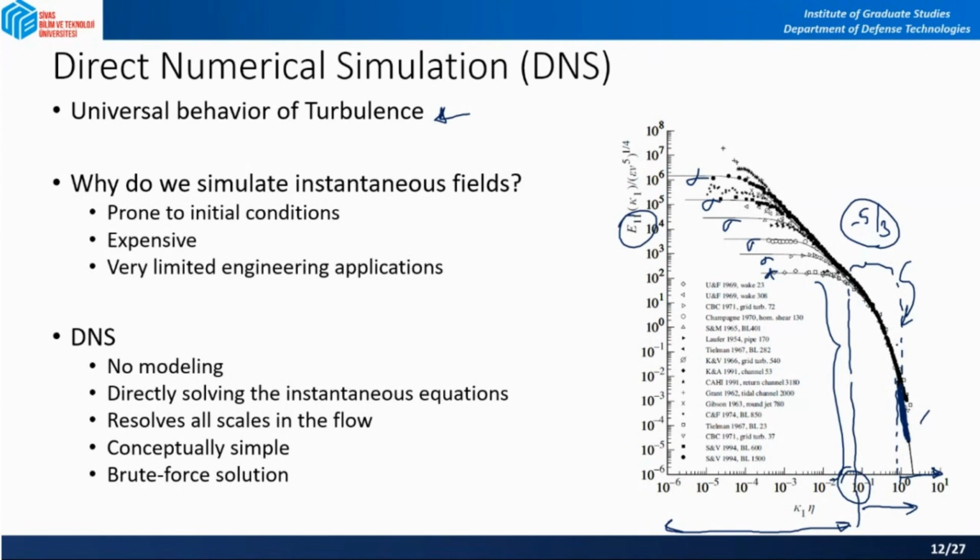And after all of these discussions, why do we still use instantaneous simulations? We said that these instantaneous simulations are very sensitive to initial conditions. They are very expensive, and in terms of engineering, they are not very applicable. The answer to this question is actually twofold.